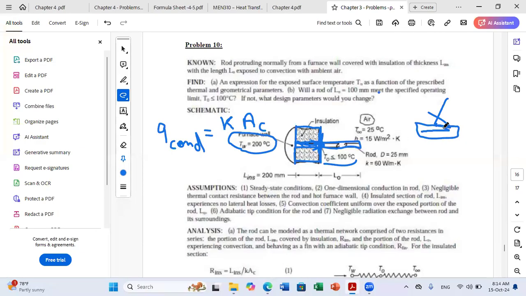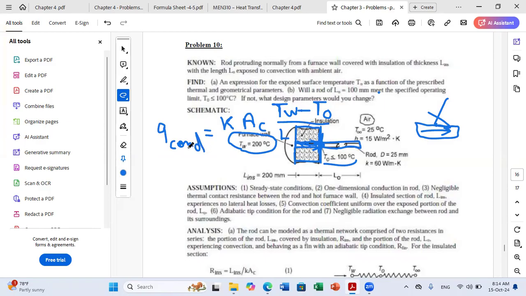So that's why I can say that Q conduction is equal to K times the cross-sectional area of my fin times, we know that T wall will be larger than T0, so it's delta T over L: (T wall minus T0) over L. But here we don't know the value of Q conduction.